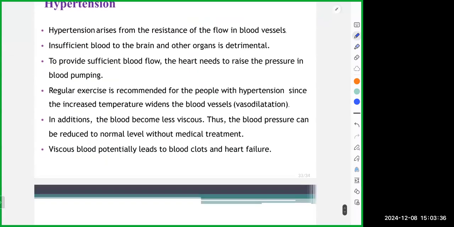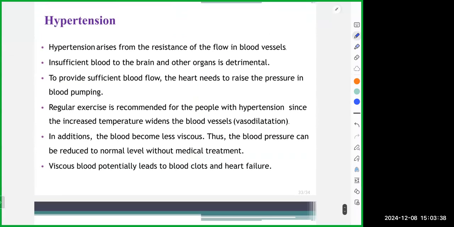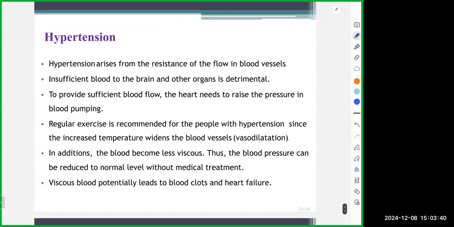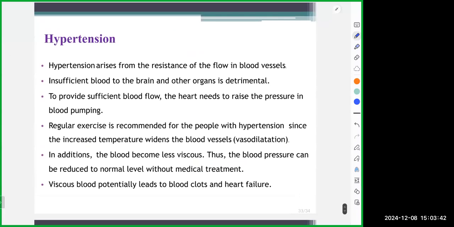For hypertension, for further study in your field, you would understand this more than me, but I just try to tell the basics.